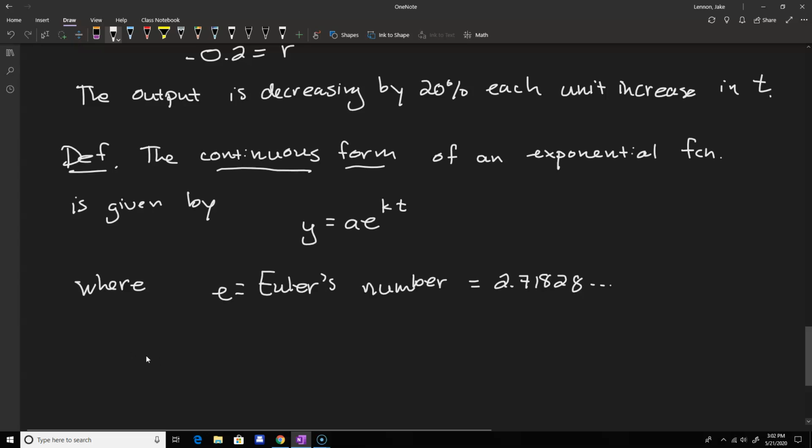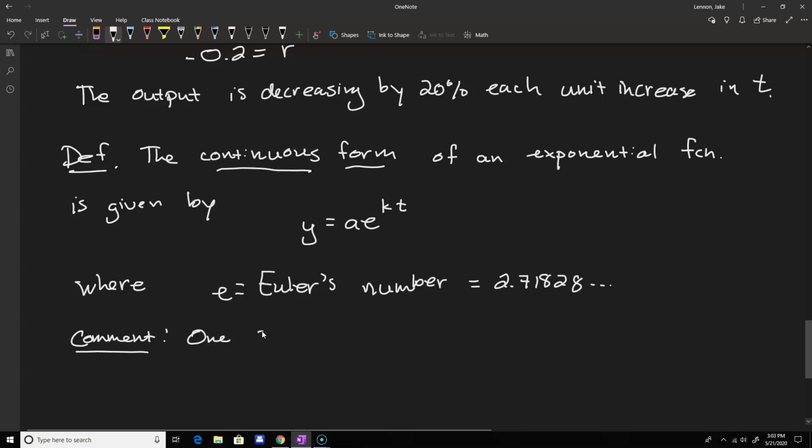This is often given for a variety of reasons. As we'll see, the function e to the t is going to be very important for taking derivatives and antiderivatives in calculus, amongst other things. But let's just make a comment for now. How can we translate between one form and another?